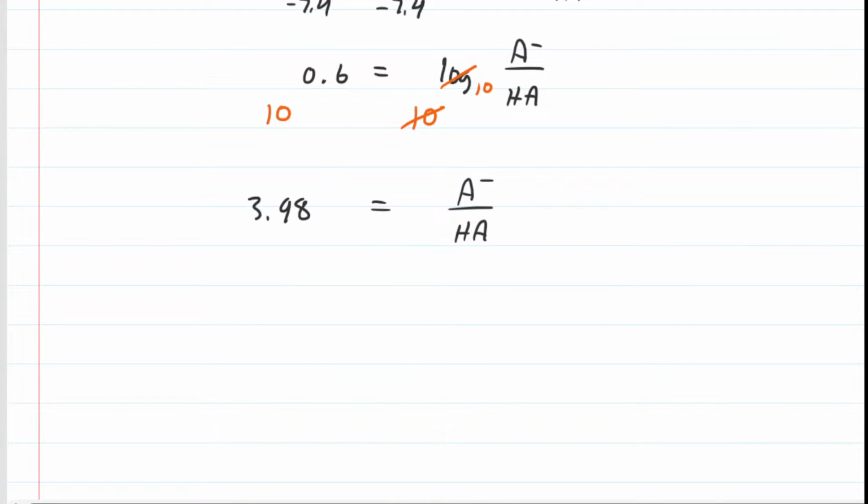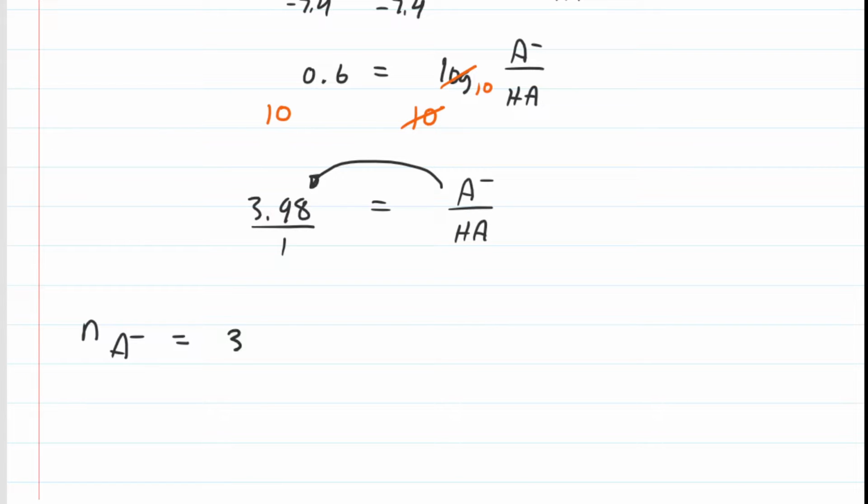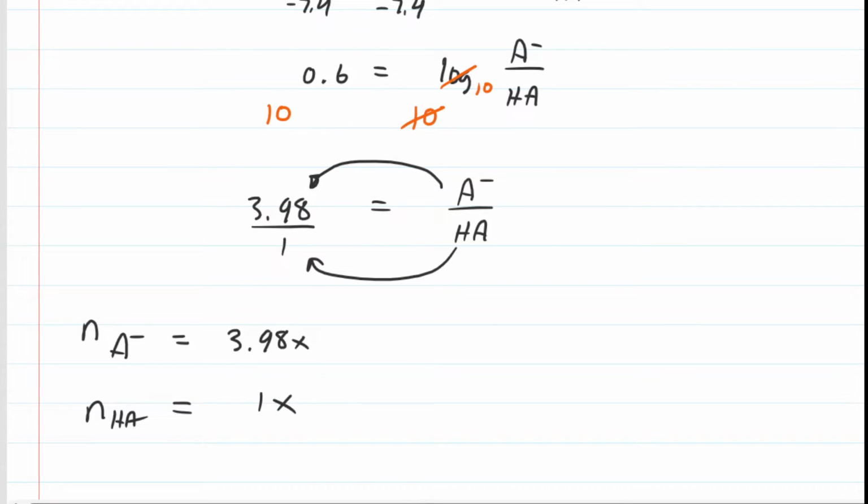So what does this mean? Well, we can actually put that 3.98 over a 1. That would tell us that this would be the moles of A minus, so we'll use that n. The moles of A minus could be represented as 3.98x, and then the moles of HA, you can see from the ratio, would be represented as 1x.